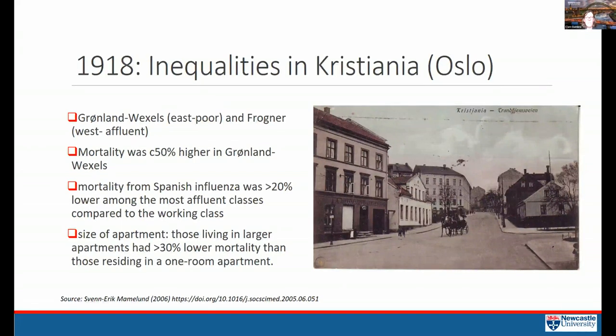And he found that mortality was around 50% higher in the poorest areas, and that this was also when he looked in terms of occupational indicators, so it wasn't just an area issue. He also did comparison at individual level data, found that mortality was much lower amongst the more affluent compared to the working classes, and he also showed this in terms of looking at indicators of affluence, for example, in terms of size of apartments.